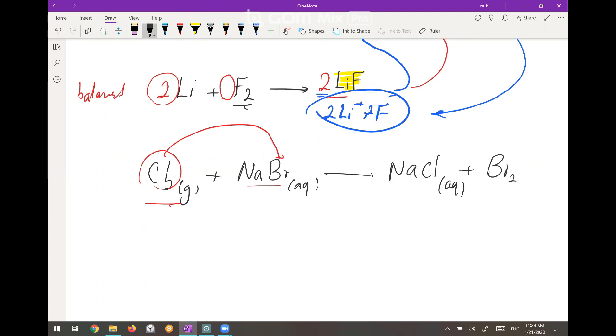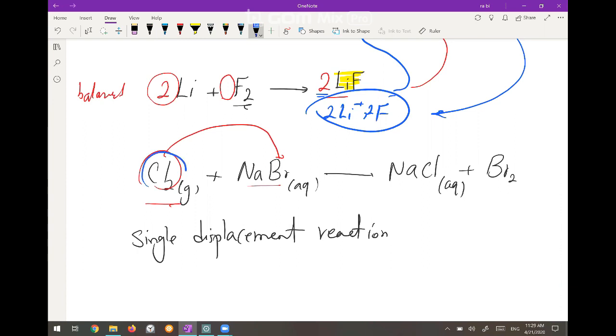This type of reaction is called single displacement reaction. So it's very obvious: when one atom replaces another atom in the compound, we call it single displacement reaction.